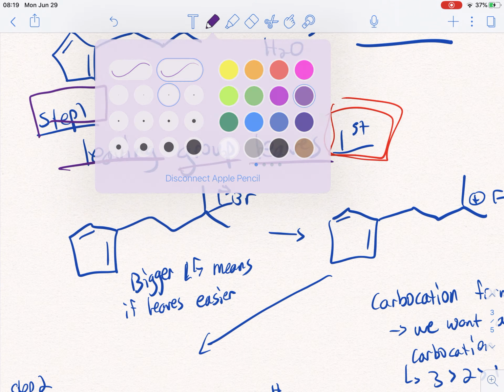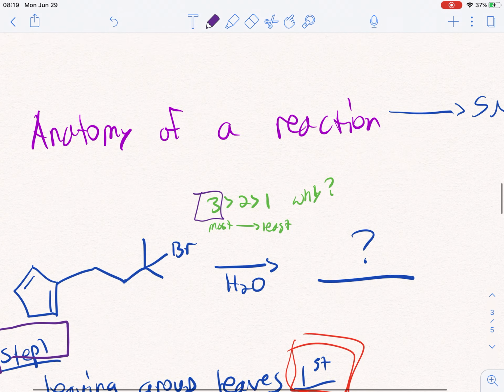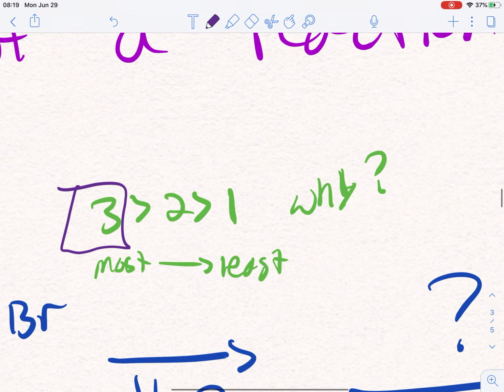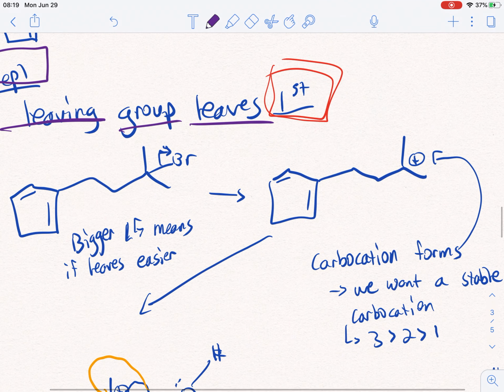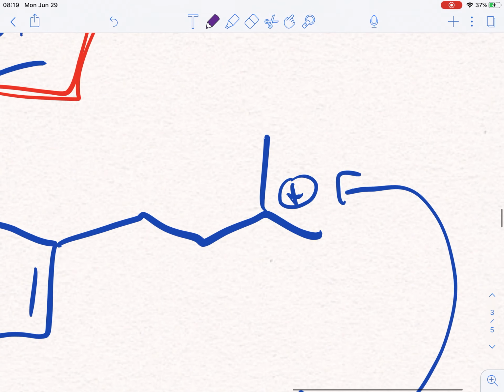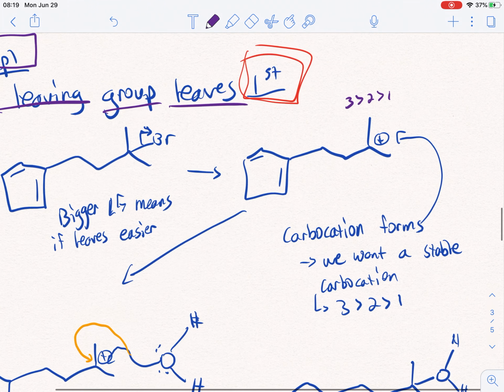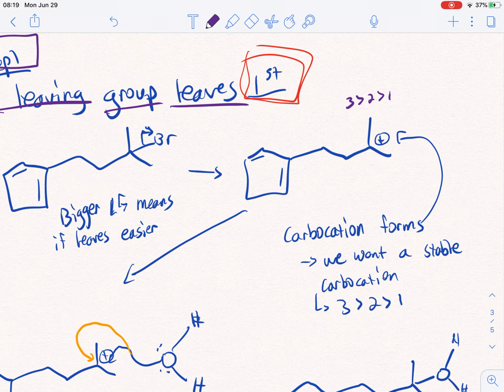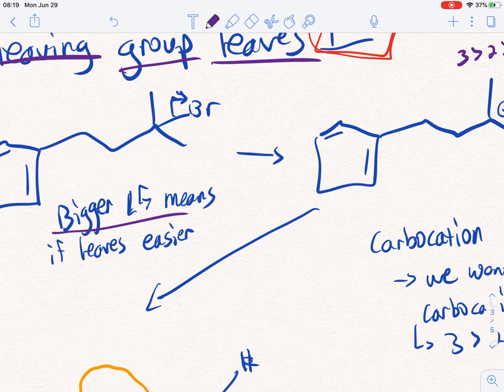So why is that important? It's important because that's why you want that tertiary, secondary, primary. Because when the leaving group leaves, you make a carbocation. And carbocation stability goes tertiary carbocation, secondary carbocation, primary carbocation. So that's why we want a big leaving group, so that it still applies, because it needs to leave.